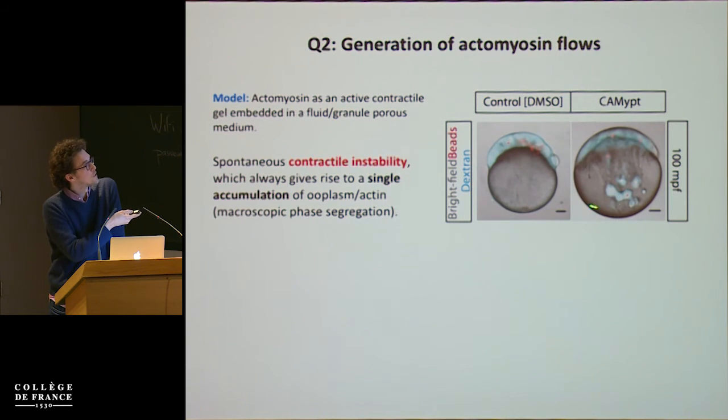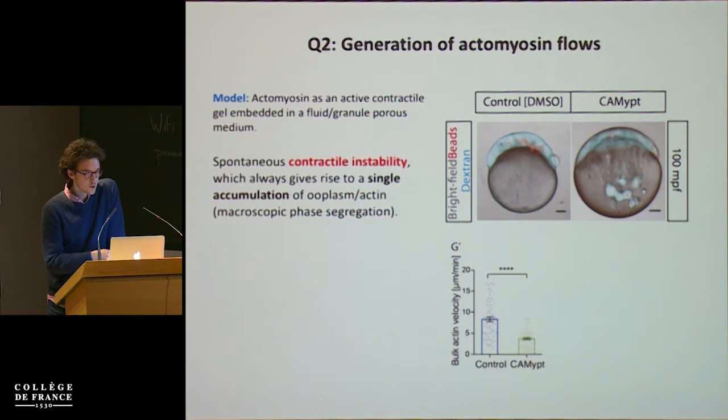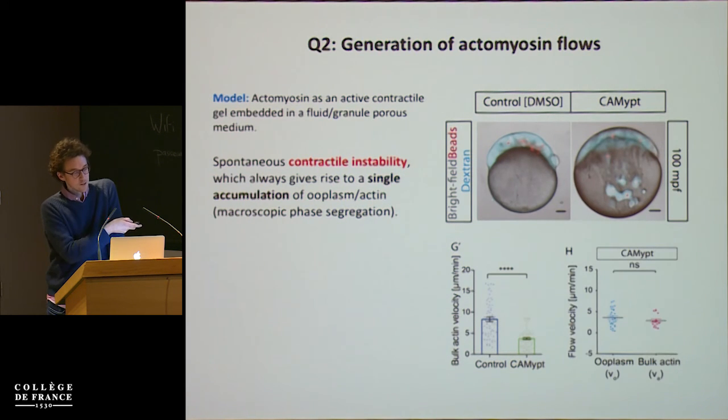So indeed it looks like the phase segregation is contractility dependent, but also, and not surprisingly, this is because the actin velocity is reduced for lower contractilities, and as a good safety check, we can see that even in this condition, ooplasm flows exactly at the same speed and dynamics as actin, it's just that the two are reduced.